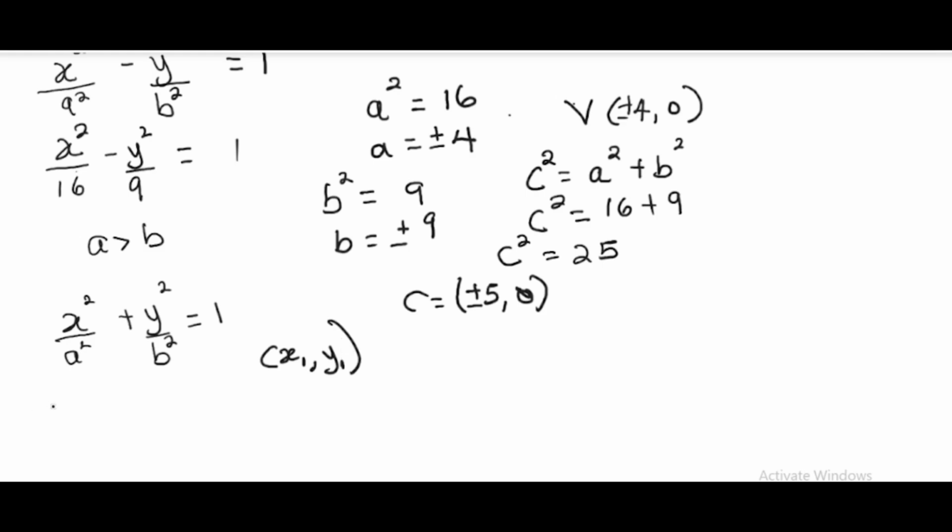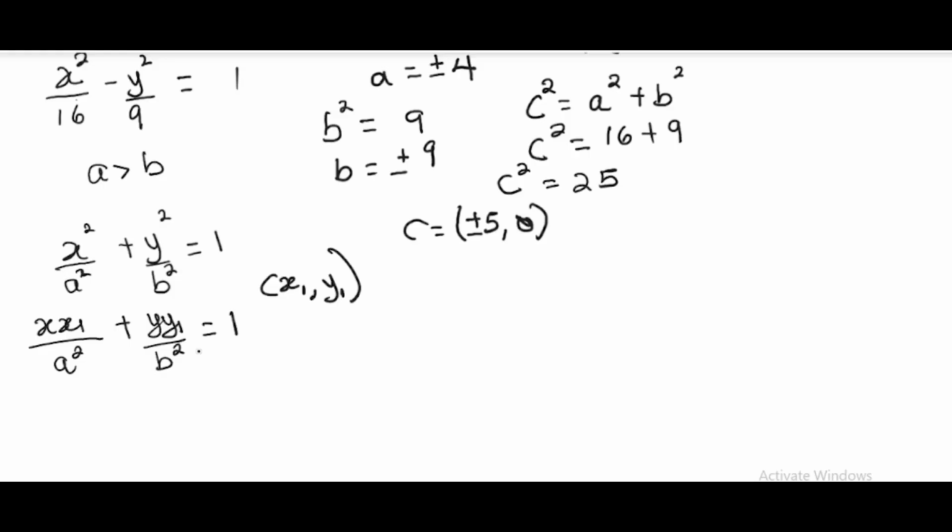All right, so now our point has moved from x comma y to x1 comma y1, so we'll have x x1 over a squared, simple as that, plus y y1 over b squared is equal to 1. So you use this form to get to your equation of tangent. You know, equation of tangent is just the equation of a straight line. So you're going to multiply through by the LCM, a squared b squared, to have the equation in terms of x and y. Simple.